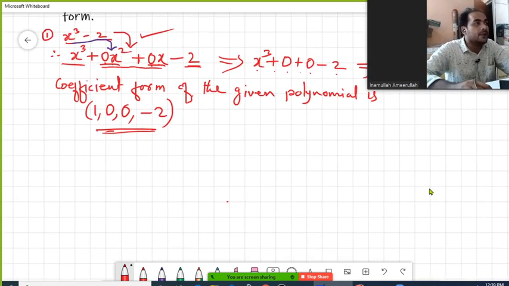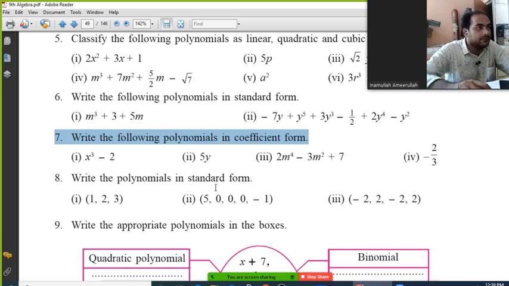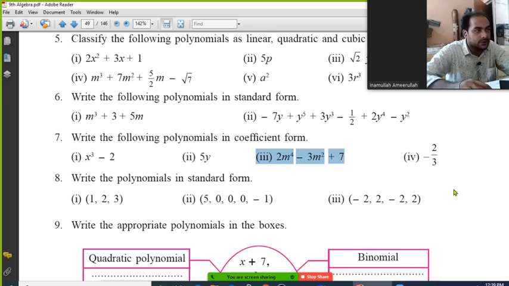We will take one more example. We have 4 questions. We did this one. Let us see this third question: 2m raised to 4 minus 3m square plus 7. So I am going to take this question number 3.